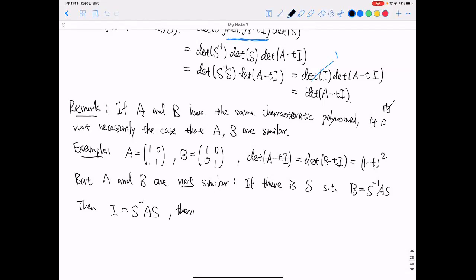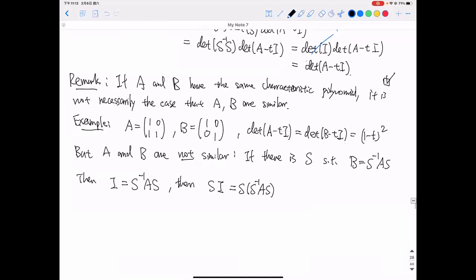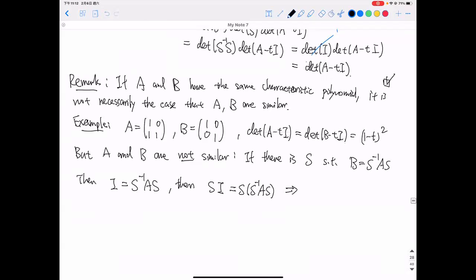So let's do this in 2 steps. Let's multiply from the left by S. And then the left-hand side will become SI. SI is just S.